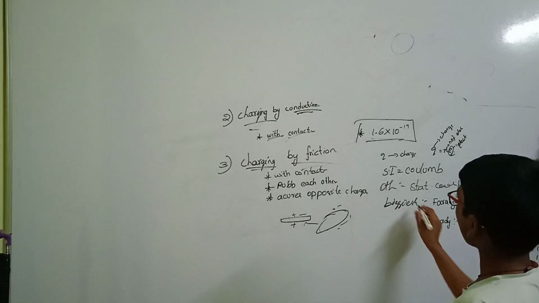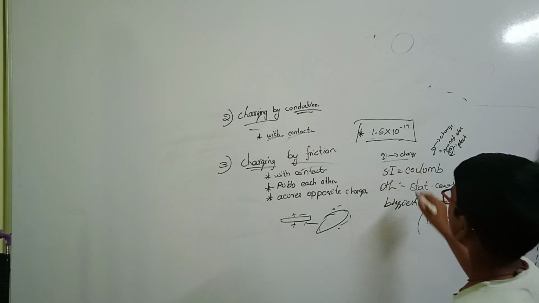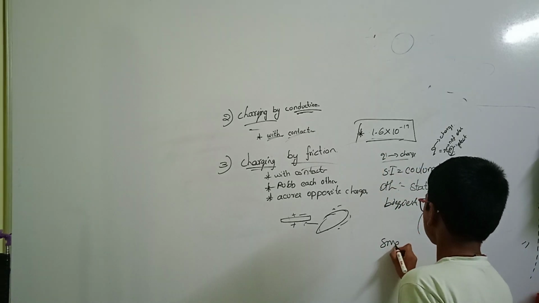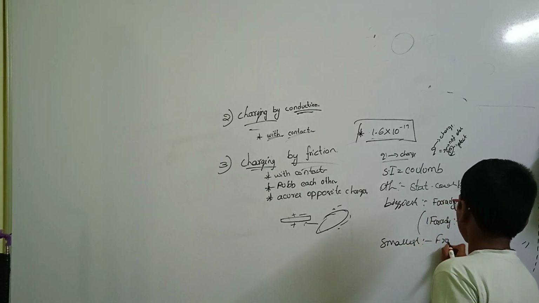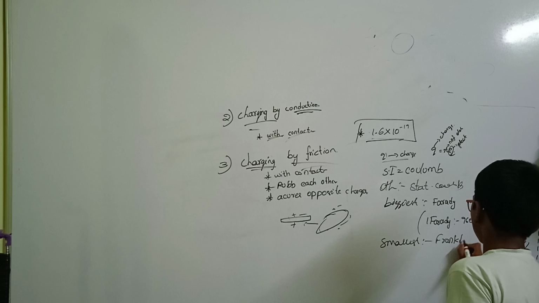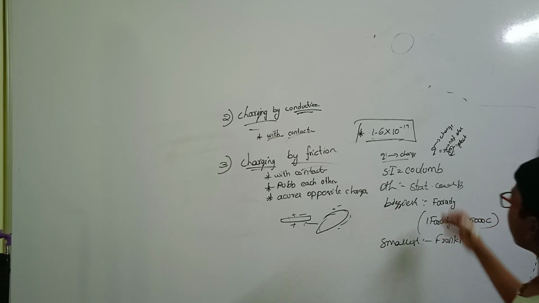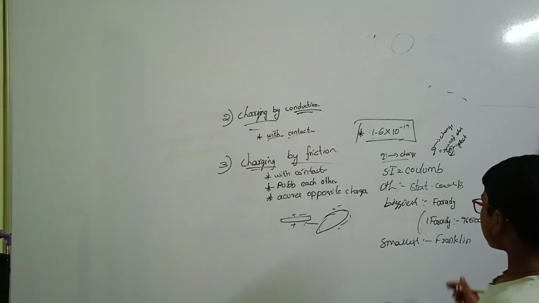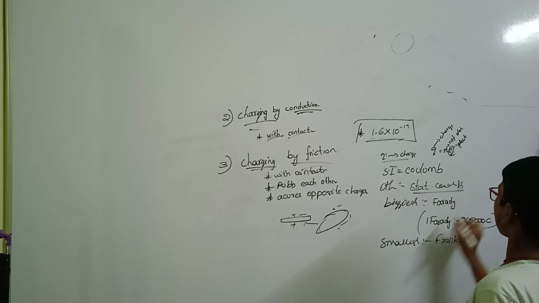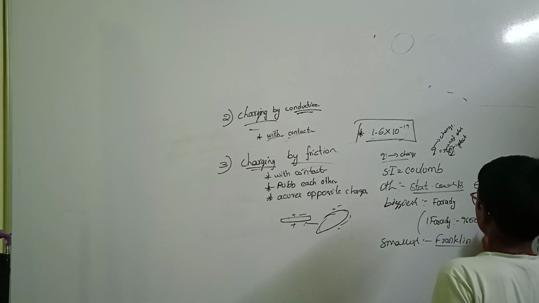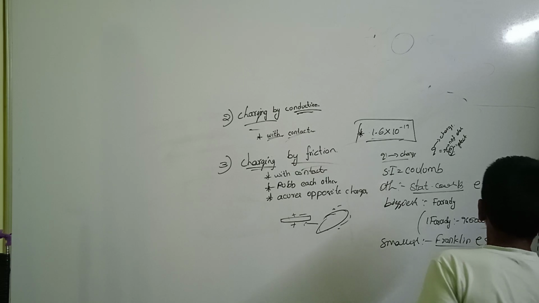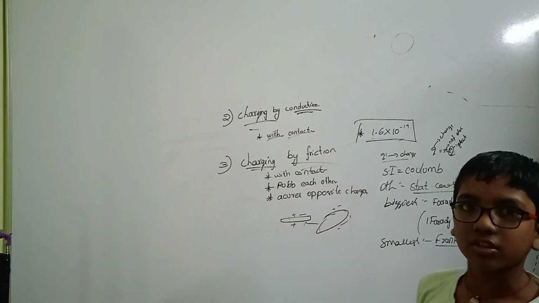This is the biggest unit of charge. The smallest is Franklin. Both Franklin and stat coulomb are equal, so the smallest unit is stat coulomb or Franklin. These are also called ESU, the smallest and biggest units.